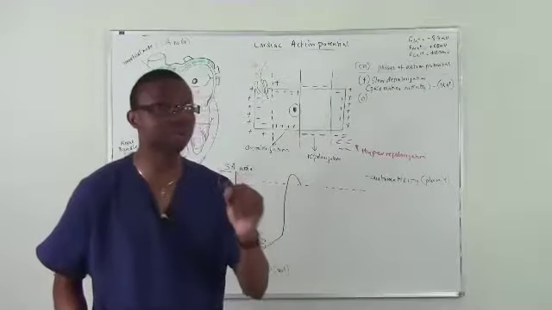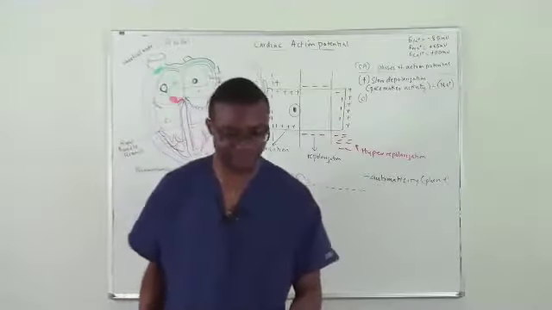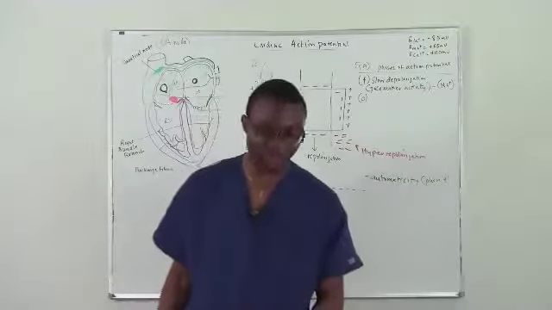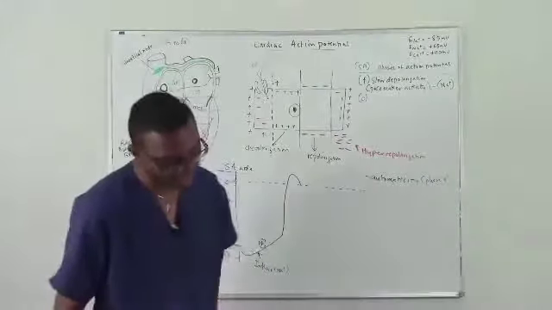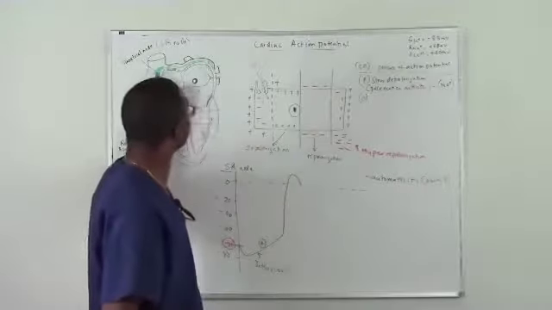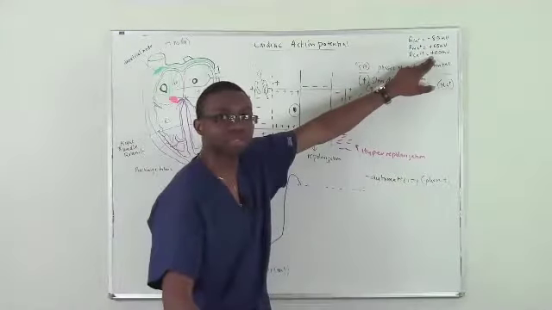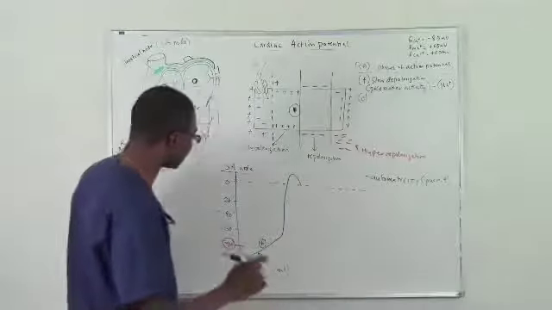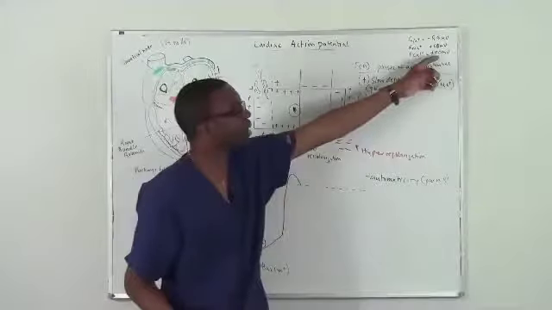Calcium. It is very important that you realize that in order for us to get that upstroke potential of an SA node, we are going to need the increased inward calcium current, which is going to drive the membrane potential of this cell towards calcium's membrane potential, which is positive 120. So it's going to go all the way up as it approaches positive 120.